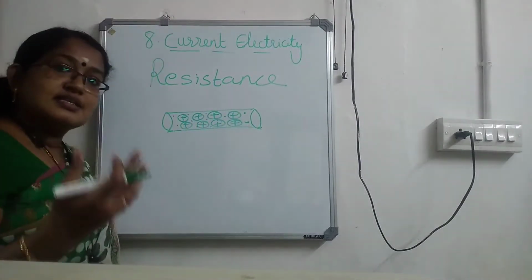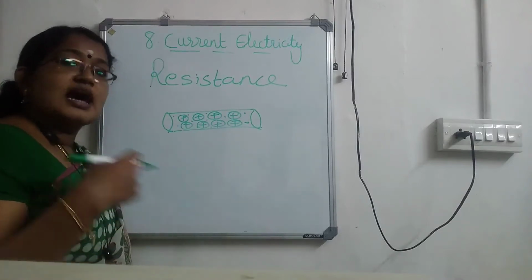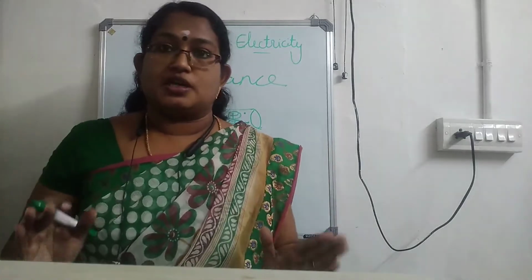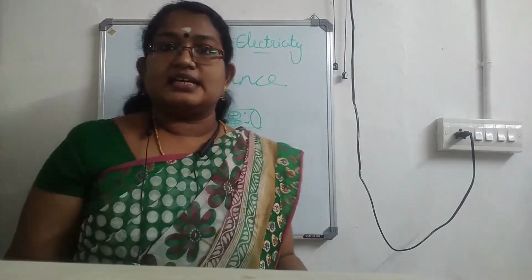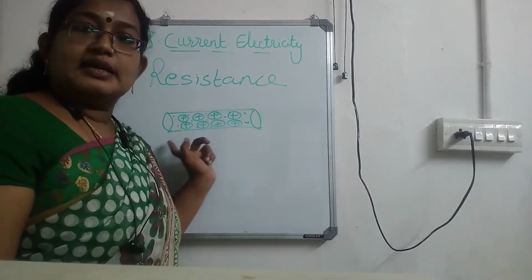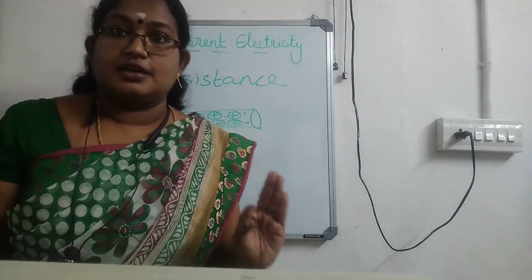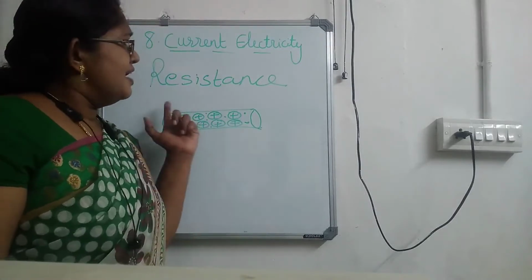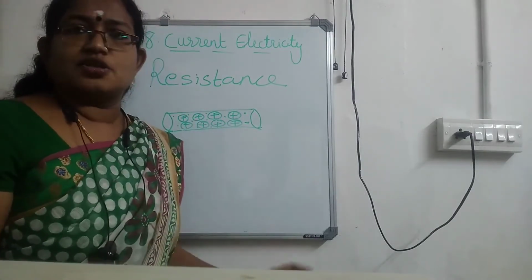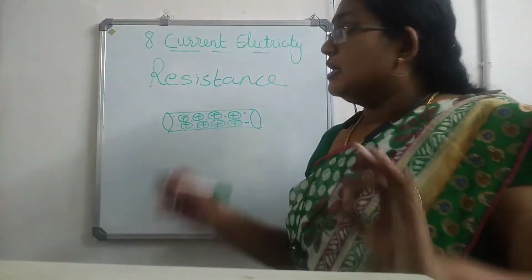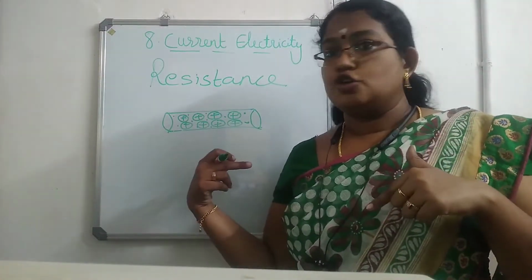And what about these electrons? These electrons are free to move, so they are always in random motion. So when you take a conductor, it consists of many positive ions. These ions are fixed. Then we have many free electrons. These electrons will be in random motion. So will any current be there? No.